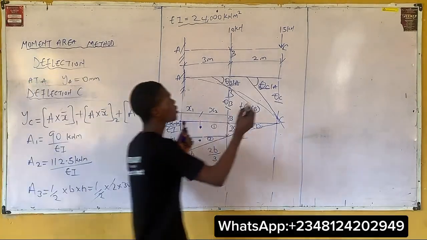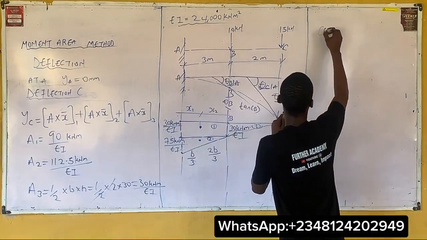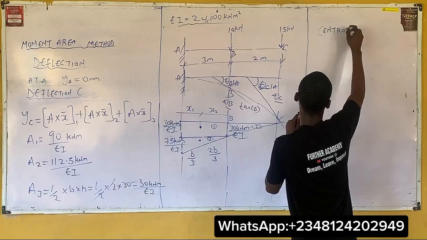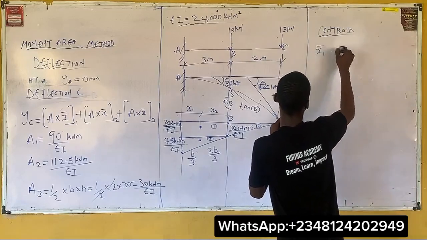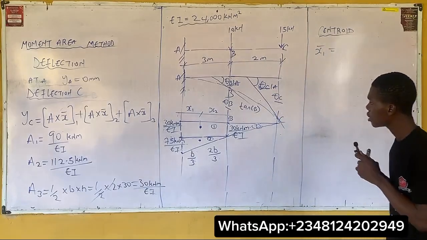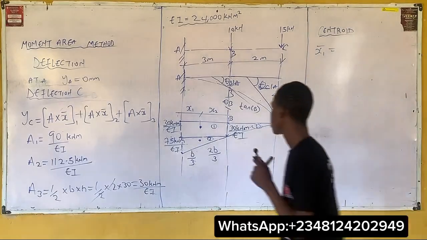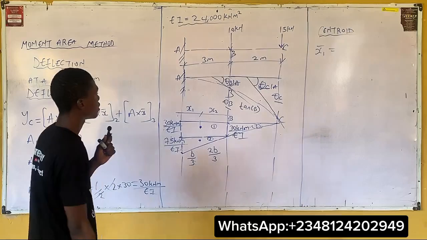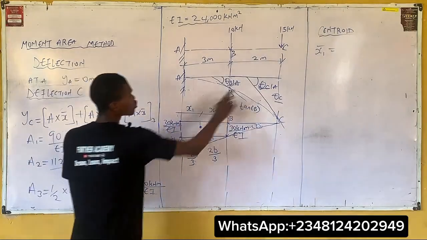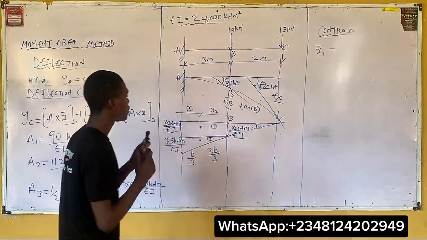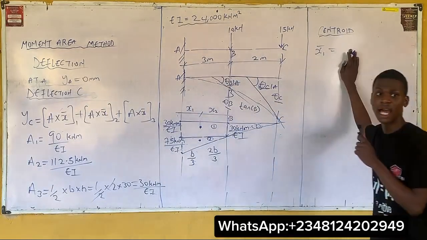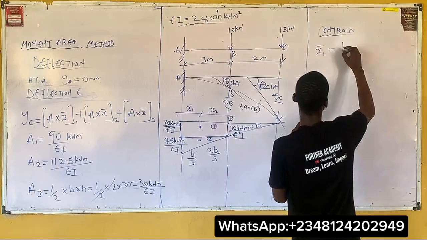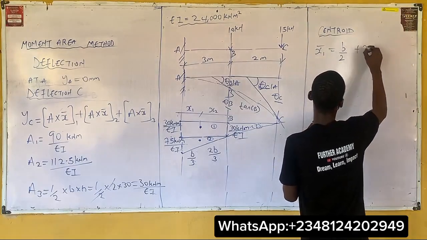So I've gotten the area of each shape. Now let's solve for the centroid of each shape. For figure 1, what's our centroid? That's the centroid of figure 1 with respect to C. What do we have? B over 2. Let's take L as B. So I'm saying B over 2 plus 2.